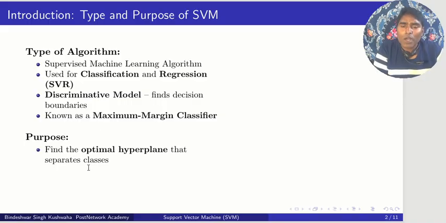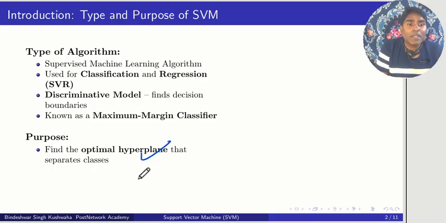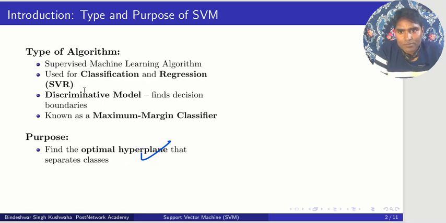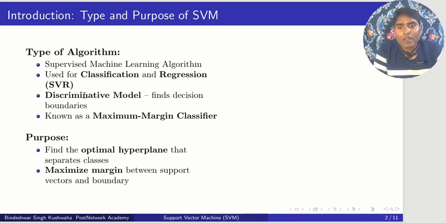And what does it do? It finds optimal hyperplane that separates two classes or more classes. There are techniques to classify more than two classes, and that maximize margin between support vectors and boundary.